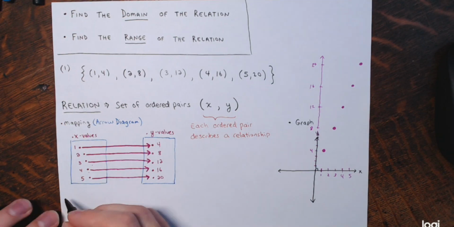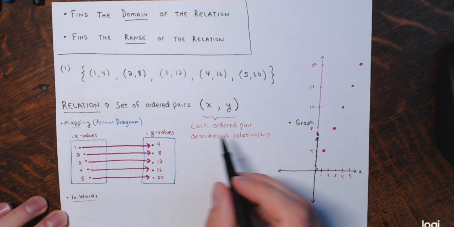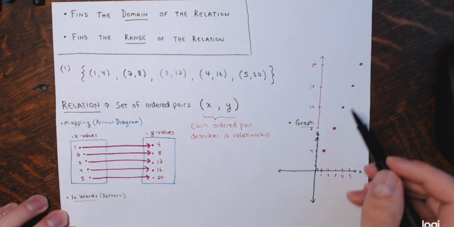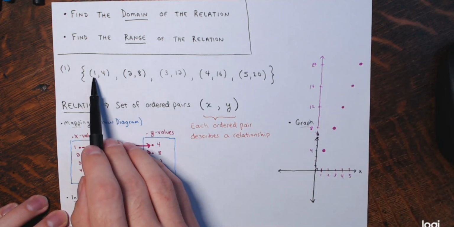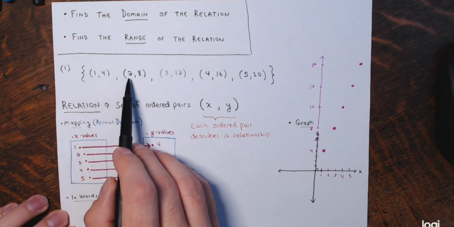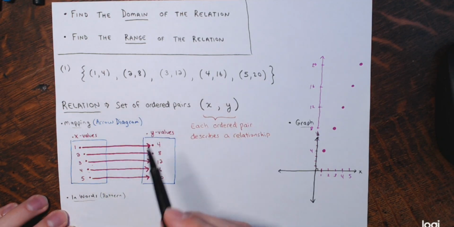Another way, though, is you can describe in words what's happening in a relation. So a mapping, a graph, you can describe it in words. Now, this isn't always easy. This is only if you have an obvious pattern, which I'm definitely seeing here. Every single one of these x coordinates, if I multiply it by 4, gives me the y coordinate. 1 times 4 is 4, 2 times 4 is 8, 3 times 4 is 12, 4 times 4 is 16, 5 times 4 is 20.